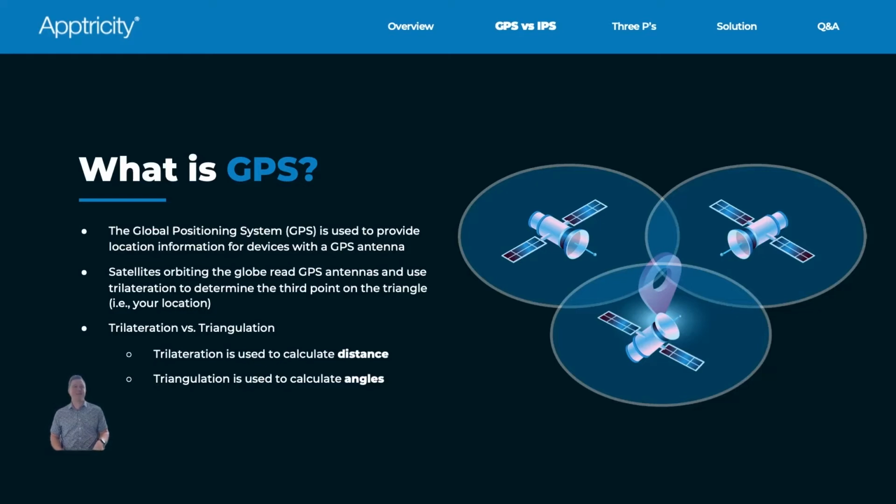But basically, I think that's okay because I don't think we need to get too deep into the math of it all. But basically, what trilateration does, if you look at it on a 2D plane, if I have two static points, let's say that the two static points are satellites, and the third point is my smartphone.